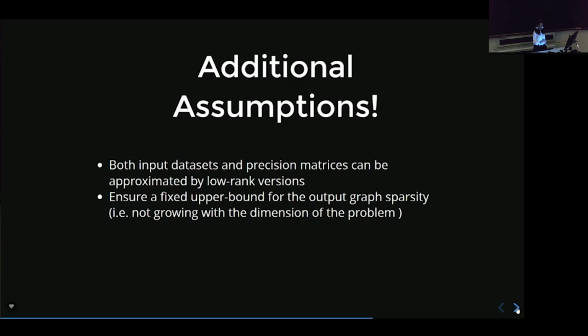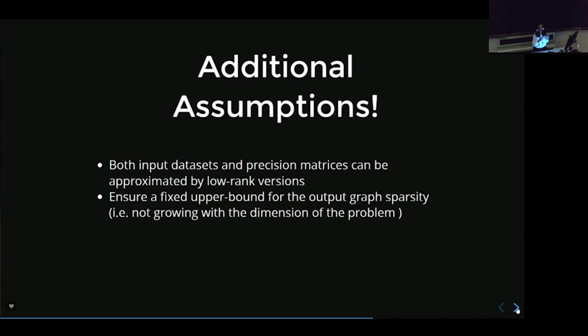That works well for the runtime, while to tackle the problem of the memory, we also ensure a fixed upper bound on the output graph sparsity. That means we have in mind how many non-zero elements we want.